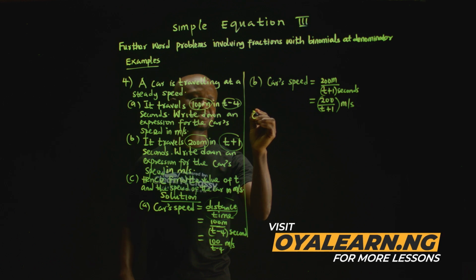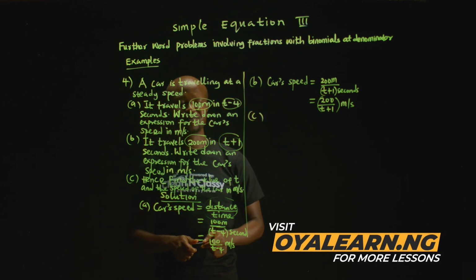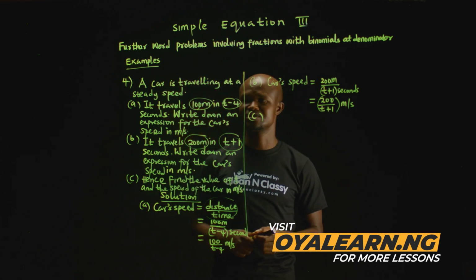For the C part, the question says hence find the value of t and the speed of the car in meters per second.